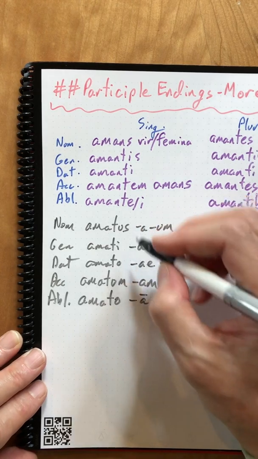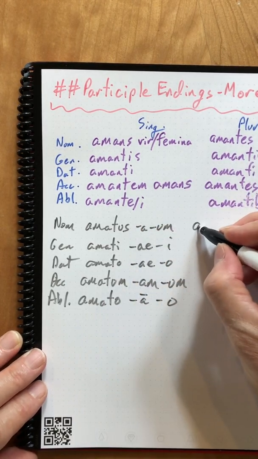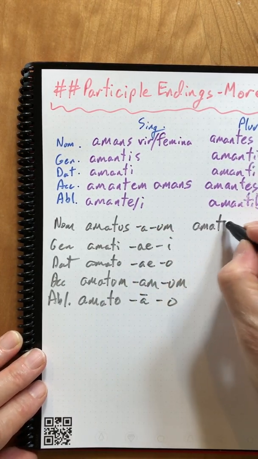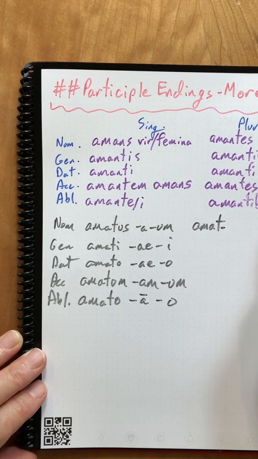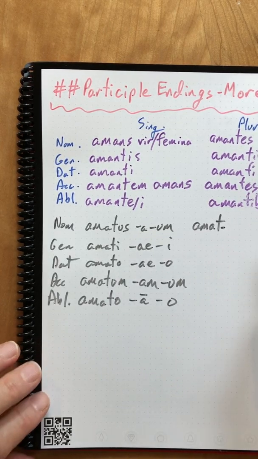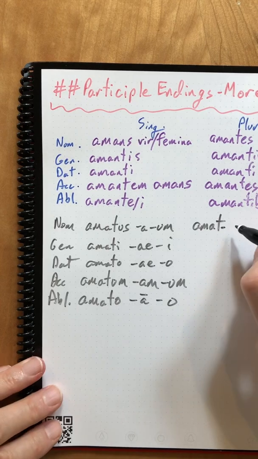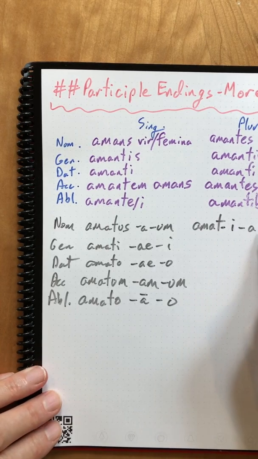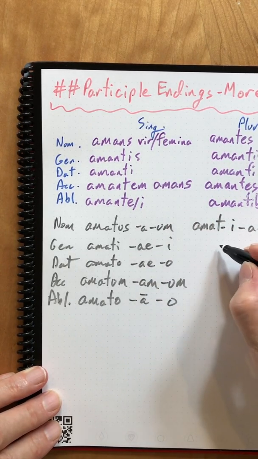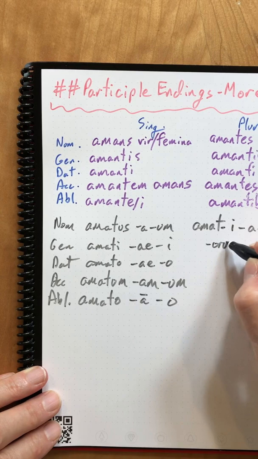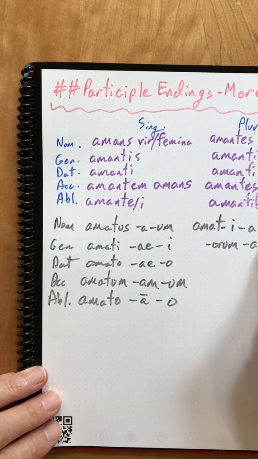And then in the plural, we're going to start with the stem here, amat. Now this stem is going to be the same all the way down. So I'm not going to repeat it, but let's review the endings. Amati, ae, a. The nominative accusative of all neuters always ends in A in the plural. Amatorum, arum, orum.